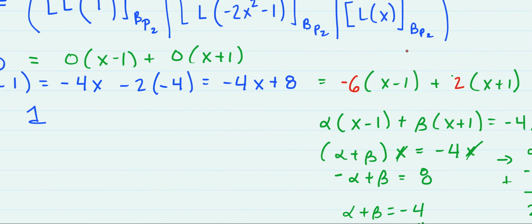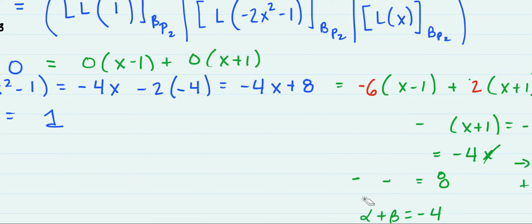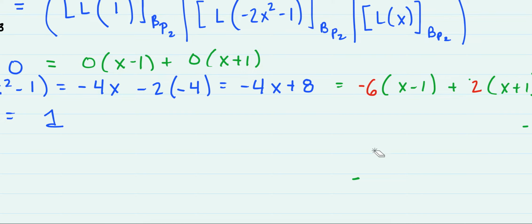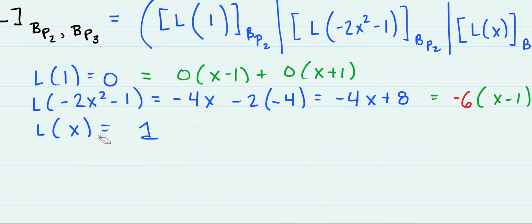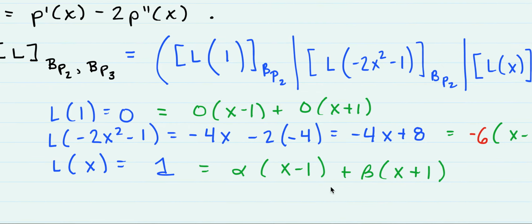Okay, now we just need to do this last one here. Let me erase this so it's not in the way. How do I write 1 in terms of these basis vectors? So 1 is equal to, again, I can put alpha times x minus 1 plus beta times x plus 1. I need to find this alpha and this beta.